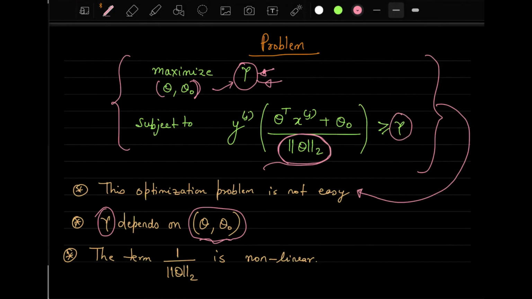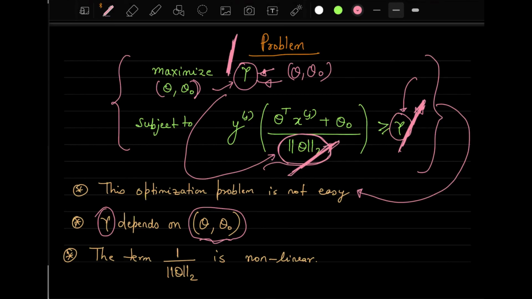So it's a very difficult situation, because it's very difficult for the optimization frameworks to solve this particular problem, because the thetas and theta zeros that you want to solve for are appearing in the denominator of this constraint set, and even here also. So if you maximize this, this will also change. That is the problem, and this will also change.